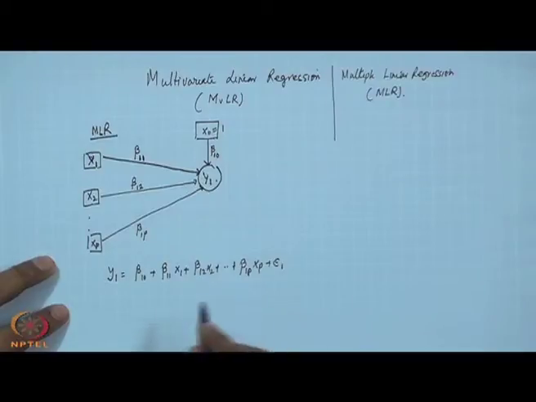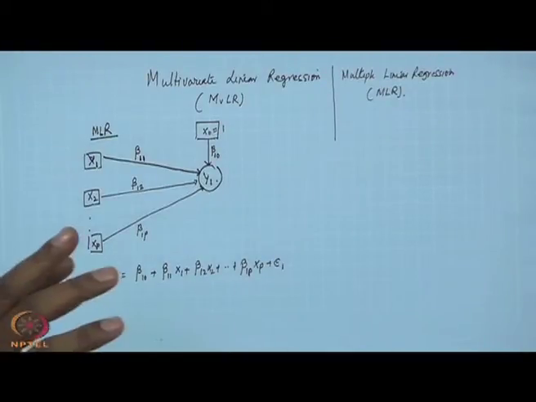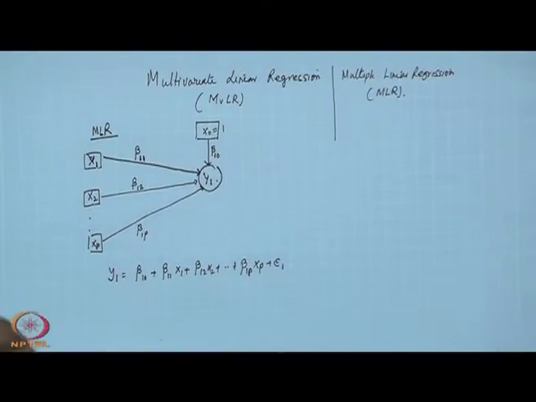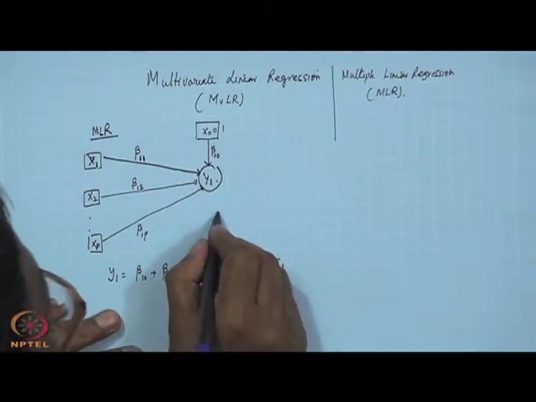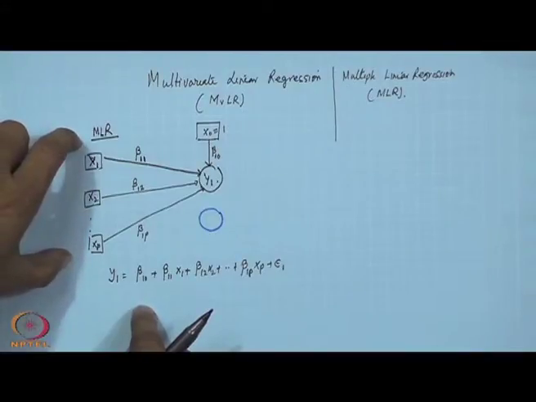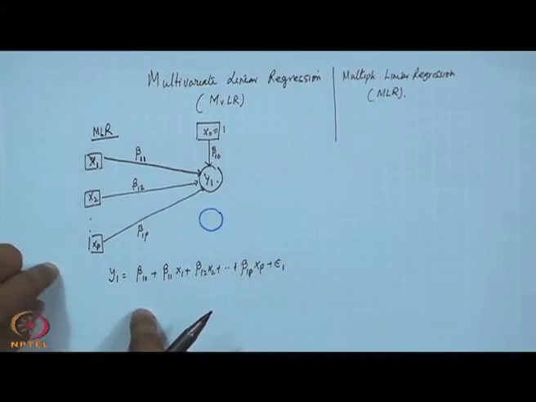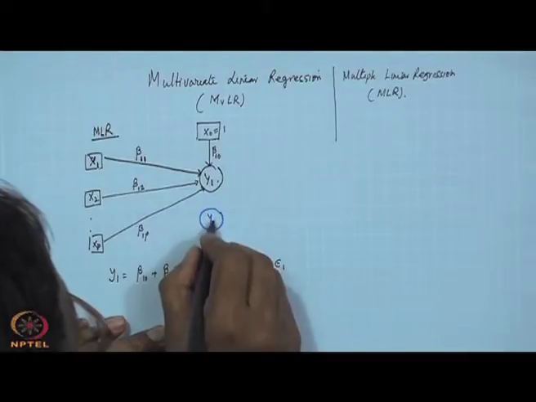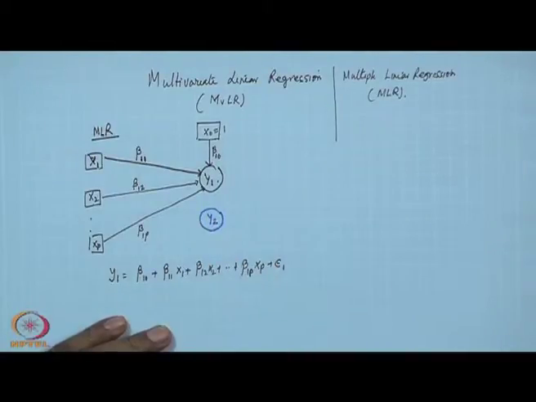Correct? Now, let us add one more variable. Which variable? Dependent side. So, the independent structure remains the same, x1 to xp, you are adding one more dependent variable y2.